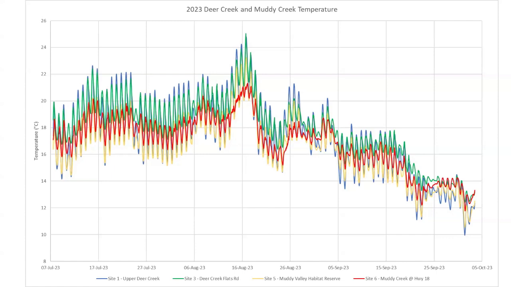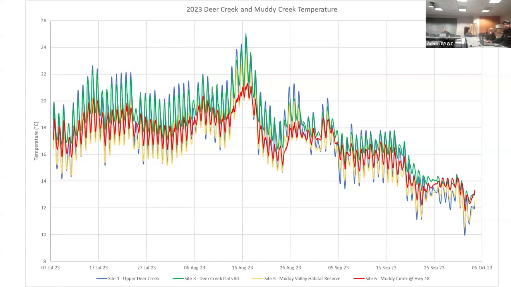But yeah, 18 degrees is usually right around there, which is around 68, 70 degrees Fahrenheit, typically their usual tolerance. If you get anything above that, dissolved oxygen levels plummet and it just becomes too warm for them. So that's what we were seeing in 2023.